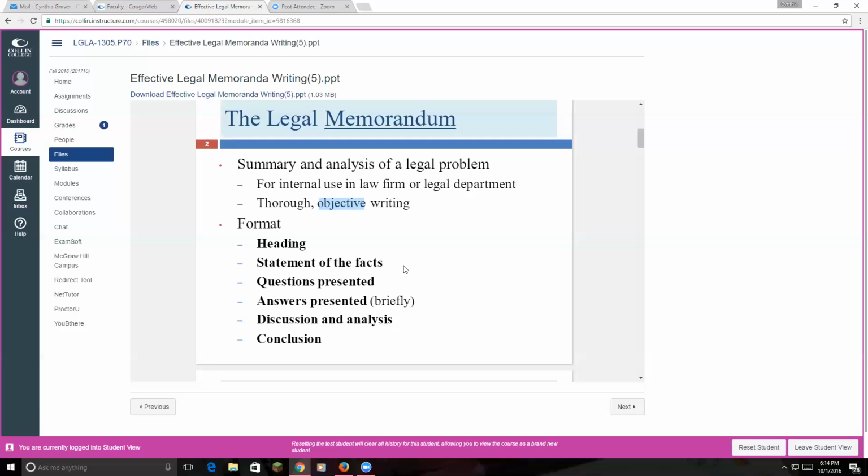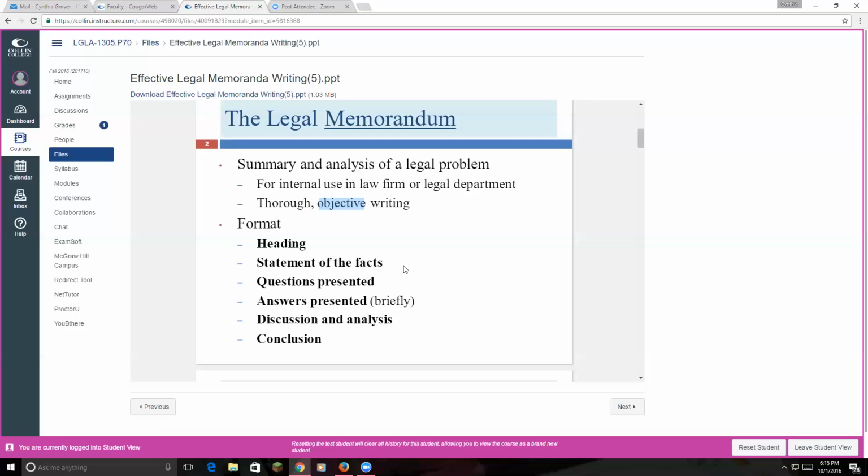Also, if you're thinking about law school, obviously legal memorandum is a very, very big part of what many junior attorneys do. It's really kind of where you prove your mettle in many law firms. So we've kind of introduced the concept to you. Let's go forward and talk about the formatting of a legal memorandum.